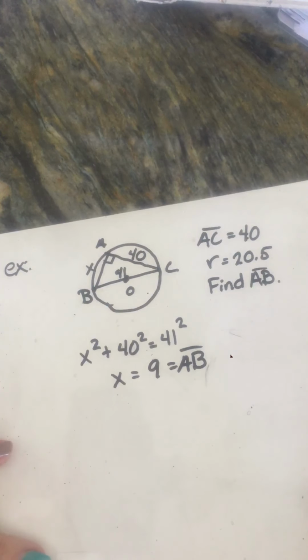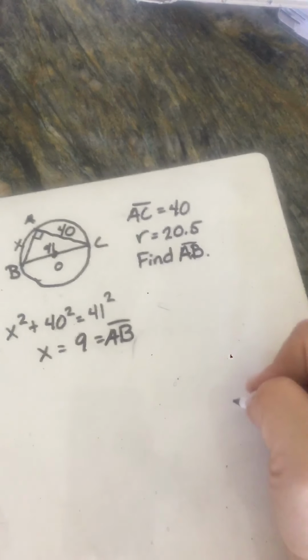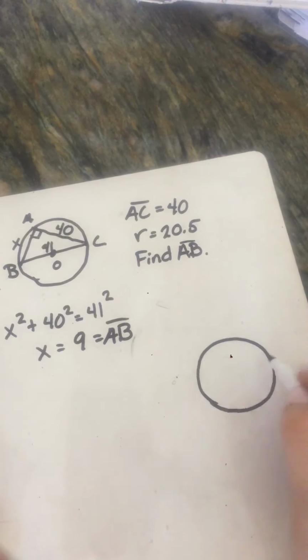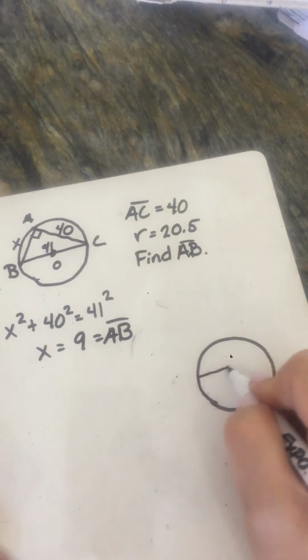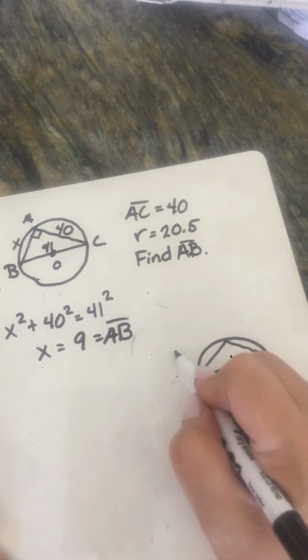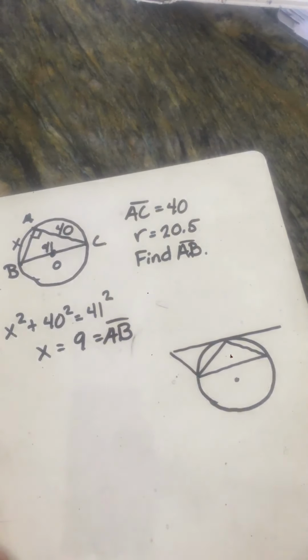All right, last problem. We'll do another proof. So here is a circle. And here's the center. And let's draw this triangle in. And then we've got this guy here and this guy here.